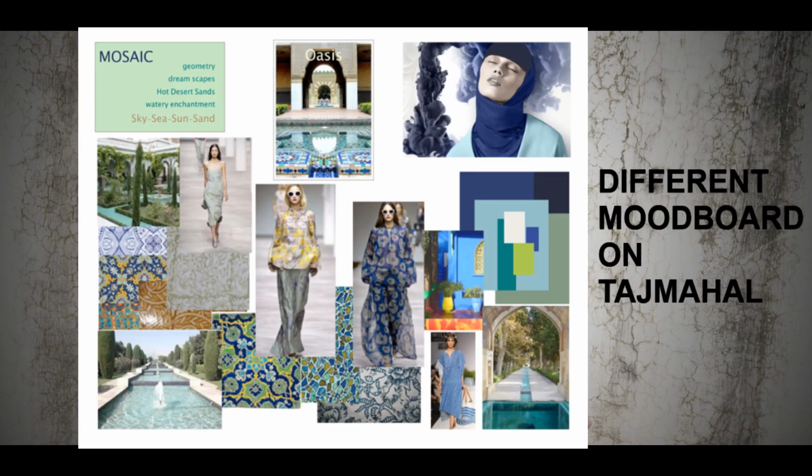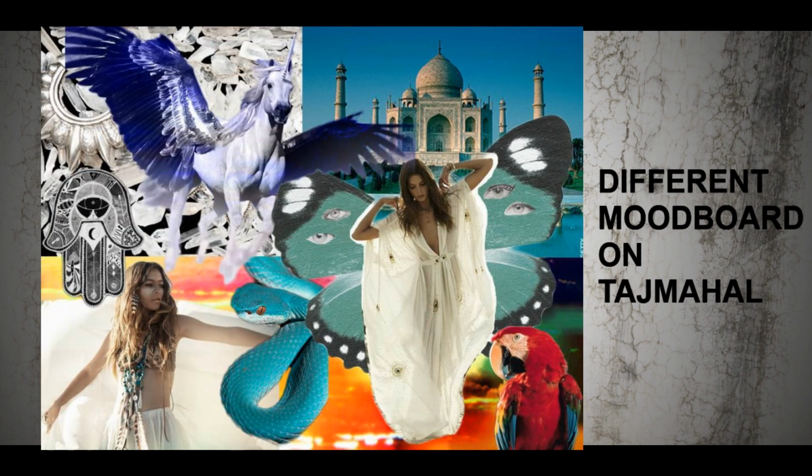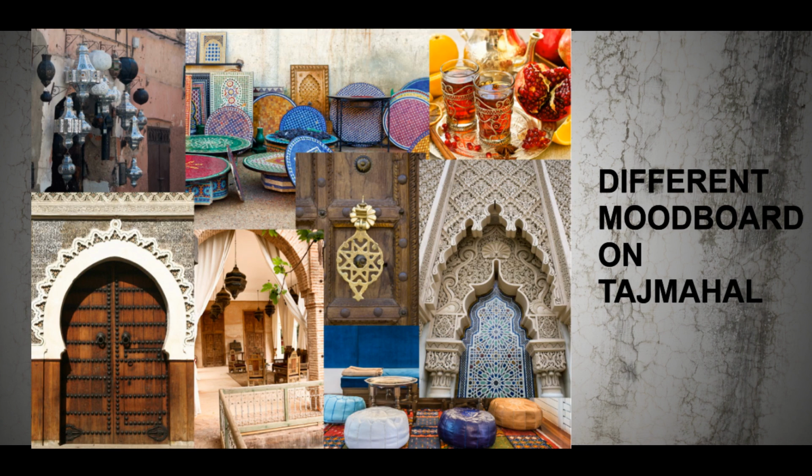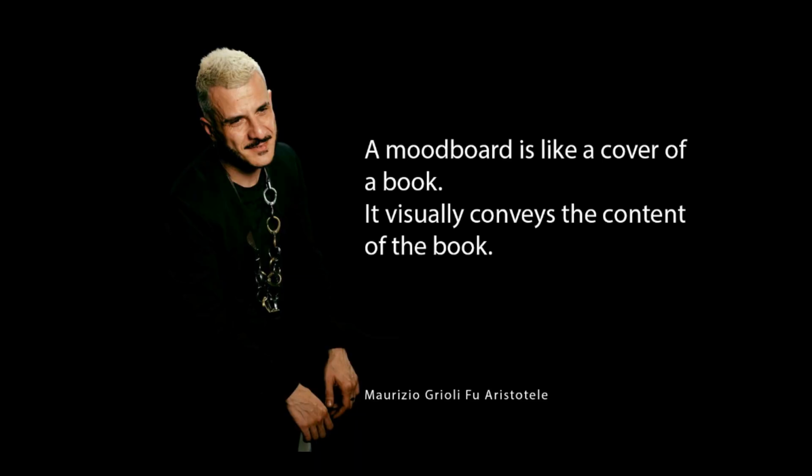Similarly, a fashion designer can give his visualization on the kind of mood board that they create. As Maurizio Giroli, a famous fashion designer and academician, says, a mood board is like the cover of your book. It scrupulously gives an idea of the content inside.